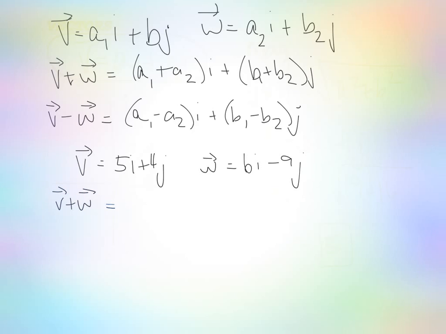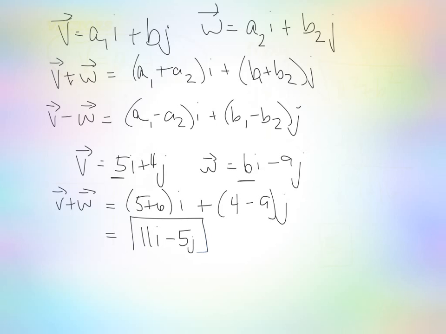If you take the rules accordingly, you would take these coefficients, 5 and 6, and add them, so 5 plus 6i, plus 4 plus negative 9, so minus 9j. That would end up equaling 11i minus 5j. That's your vector v plus vector w.